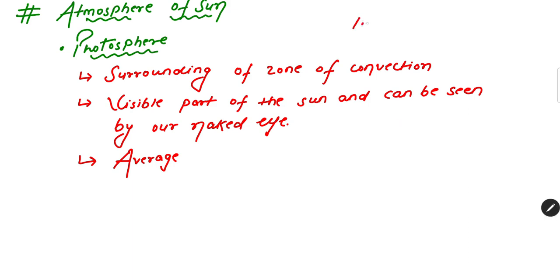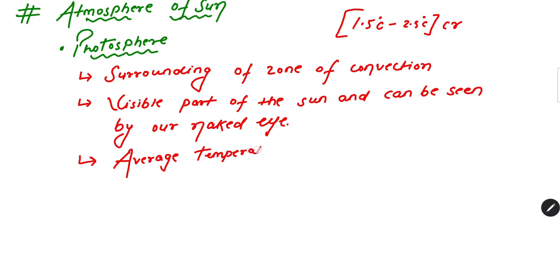That was approximately 1.5 crore degrees Celsius to 2.5 crore degrees Celsius. This is the maximum temperature available at the center of the sun. So what is the average temperature of the photosphere?